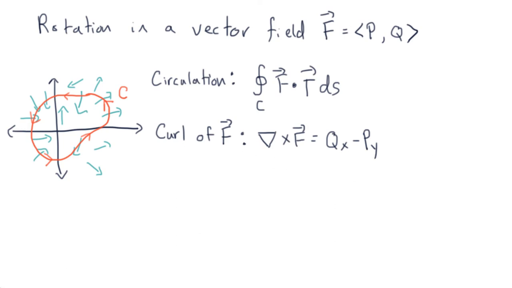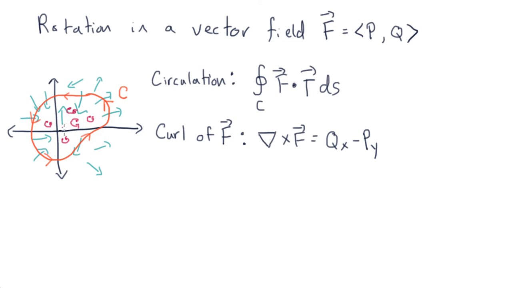Well, at every point where the vector field is defined, the curl tells me how much of the vector field is rotating around that point on a very, very small scale. So the curl is more or less just measuring the rotation at individual points, again at a very, very small scale. So at this point, it's just measuring how much rotation there is in the vector field, in here, in here, in here.